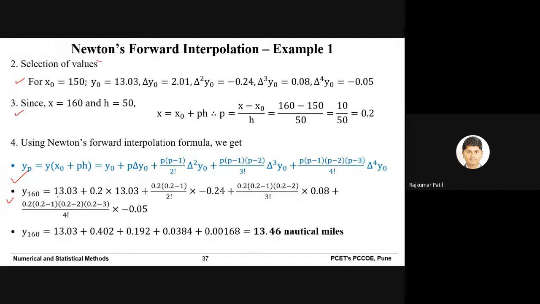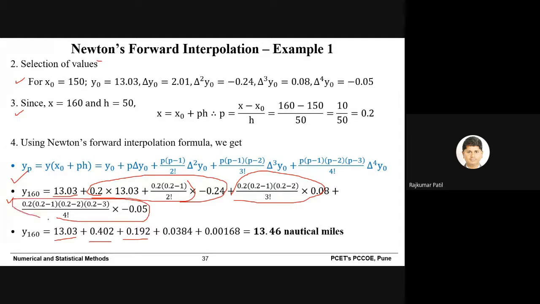Again, simplify that 13.03. Upon simplifying this particular term, you will get 0.402. Again, for this particular term, you will get 0.192. For the next term, you will get this particular value.